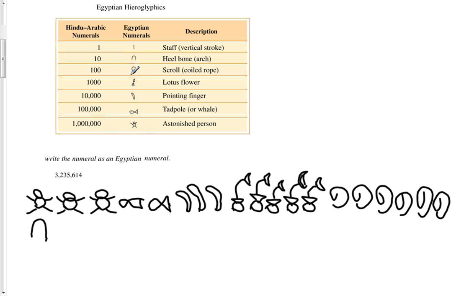And then let's see, 4 vertical strokes or 4 staves. One, two, three, four. So there I have 3,235,614 written as an Egyptian hieroglyphic.